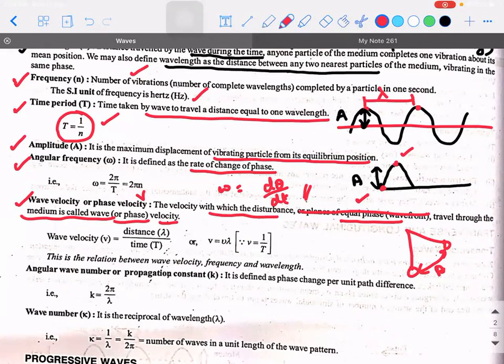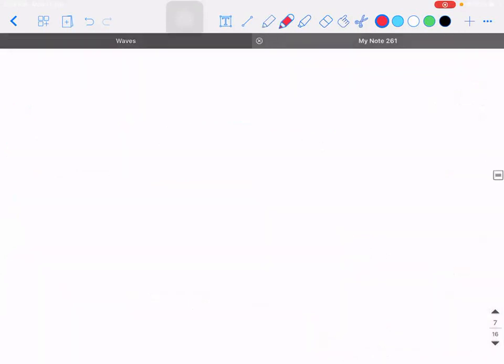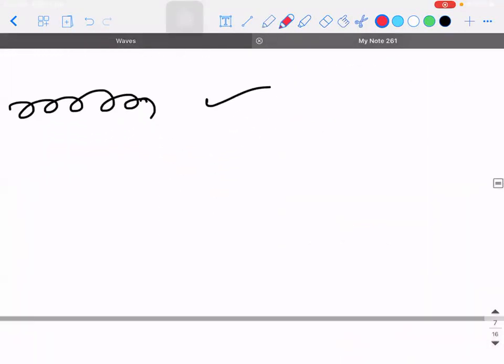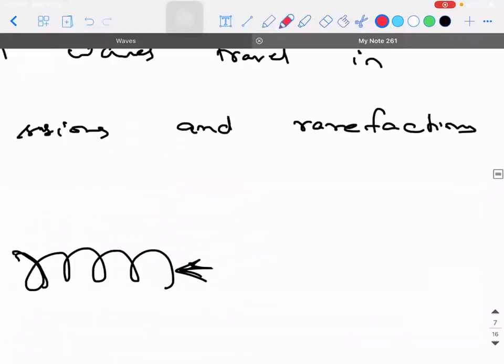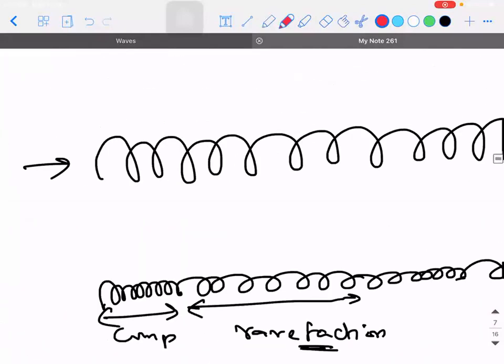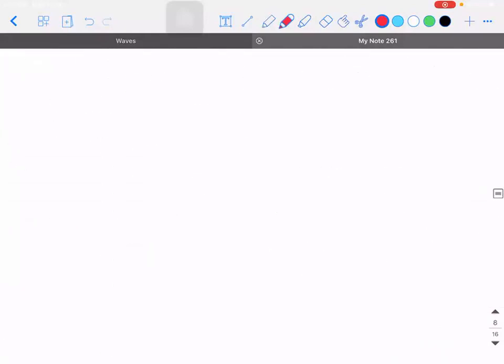Okay. Next, I'll explain how to calculate this wave velocity. How do you calculate wave velocity? So suppose this is how the wave is traveling. Okay, this is called as a complete oscillation. It started at equilibrium.